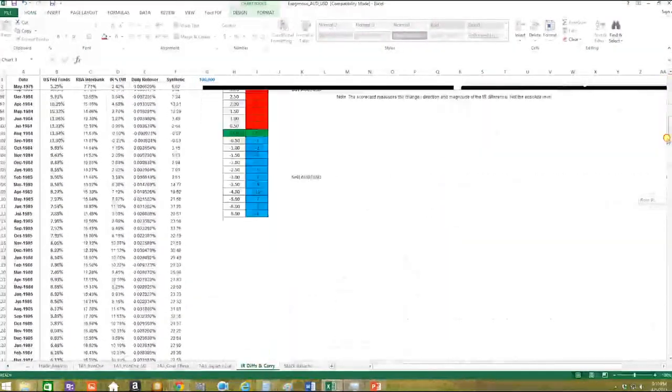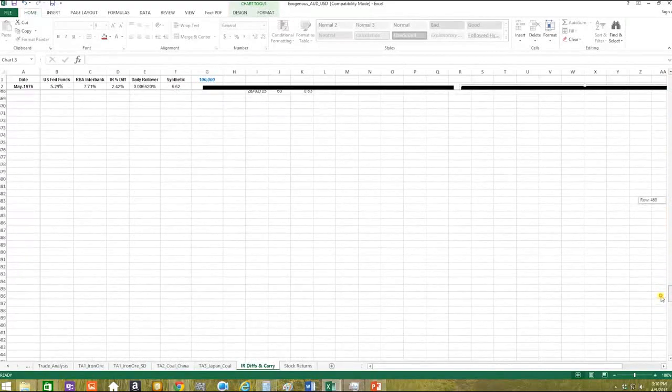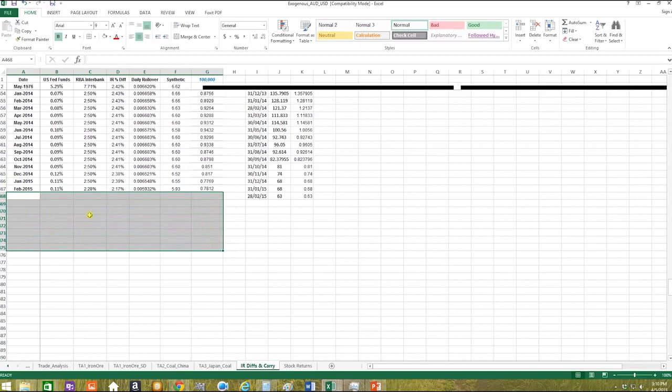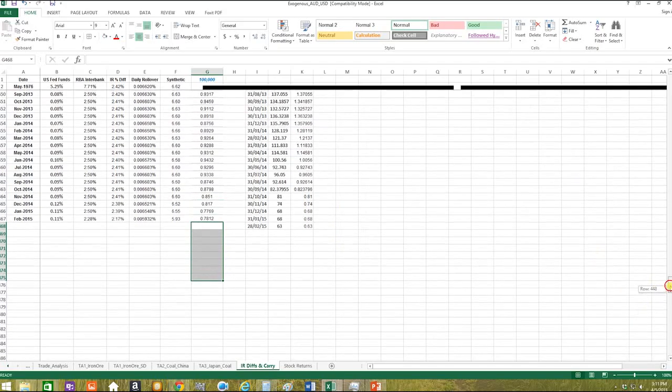And again, all you have to do with these things is download the data, as we've shown you how to do, and put in the latest data for both US Fed funds rate and RBA interbank rate, work out by just auto-filling down the interest rate differential, the daily rollover, and the synthetic number, and get your Aussie dollar, US dollar latest monthly data, as we've shown you multiple times so far in the video series, from investing.com/currencies.